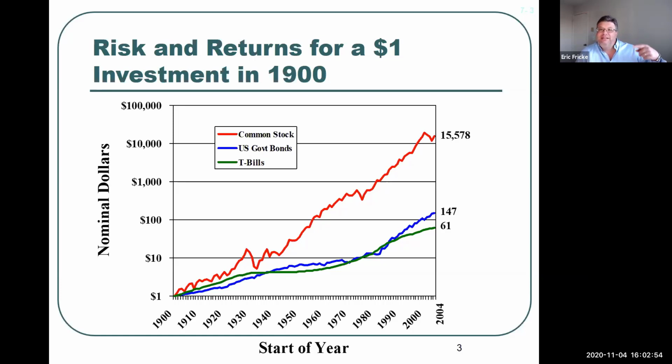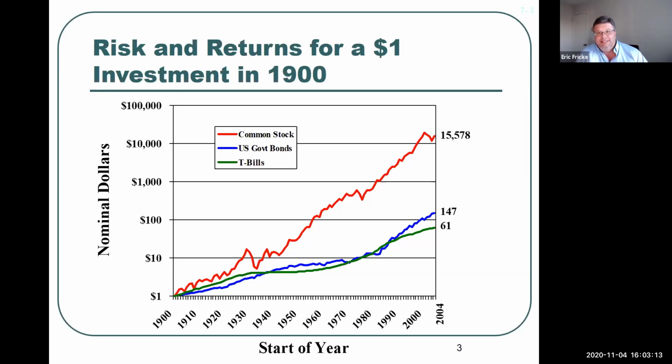And assuming you reinvested all your interest or dividends, you reinvested all your money back in, so you allowed that investment to grow with compounding by reinvesting all your earnings, right?